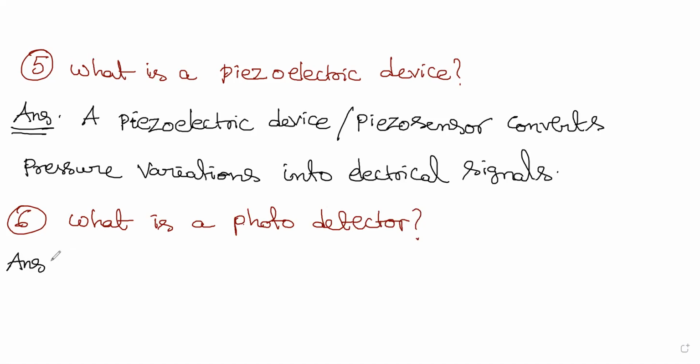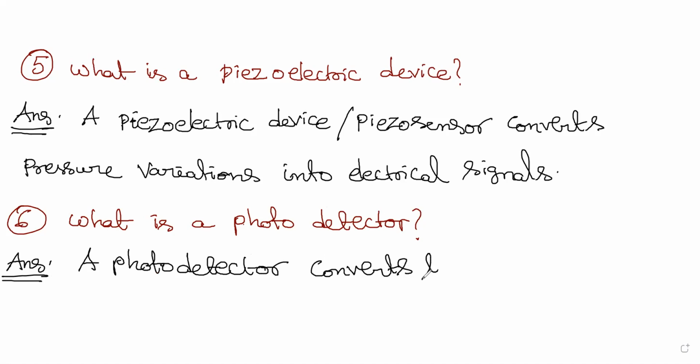Now the answer goes like this: a photodetector converts light signals into electrical signals.